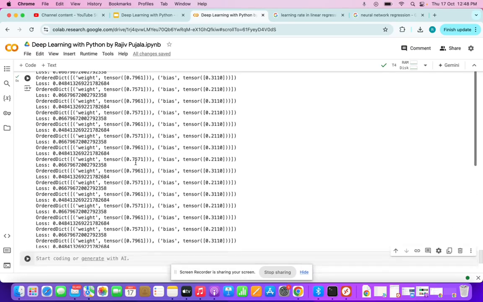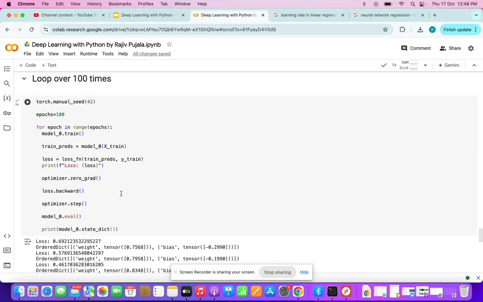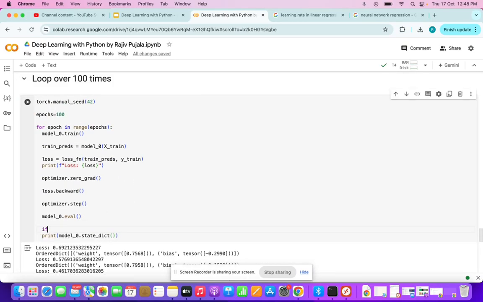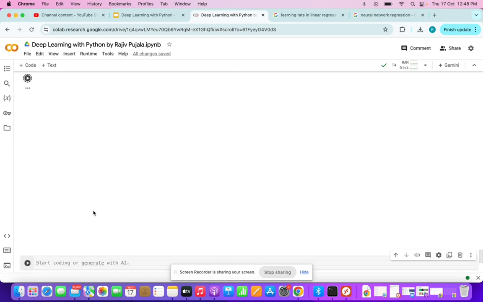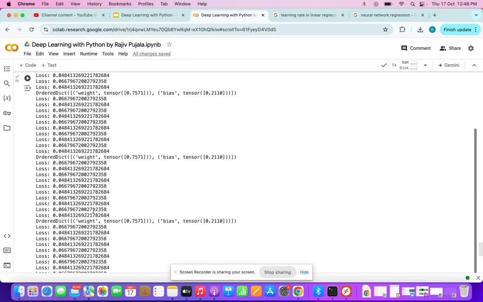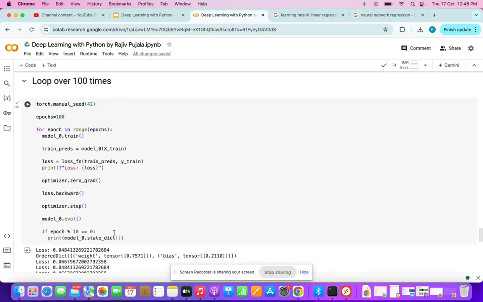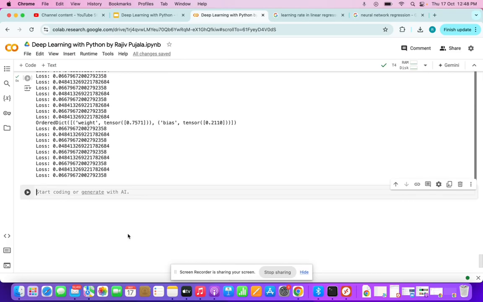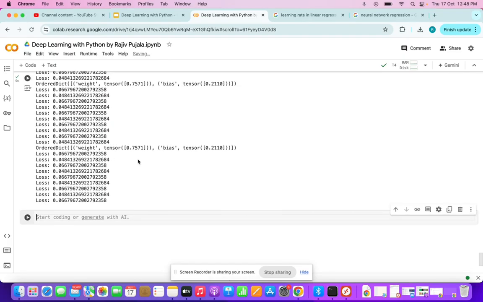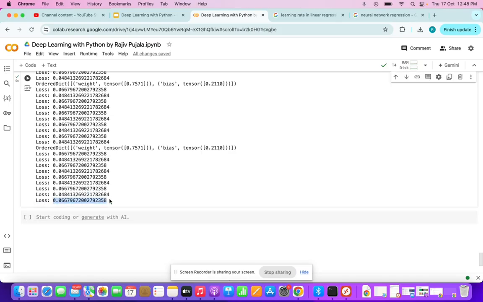This is showing way too many values, so if epoch modulus 10, let's print once in every 10 values. So you can see the tensor values, and the loss started reducing to 0.066.